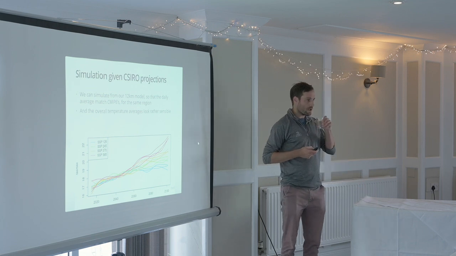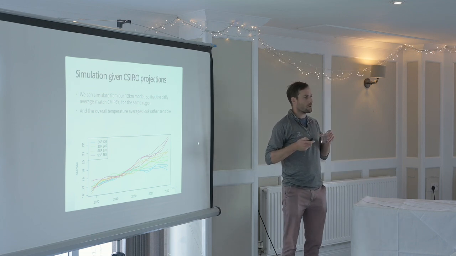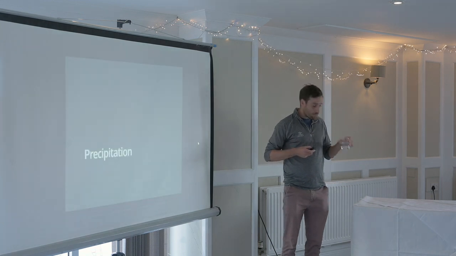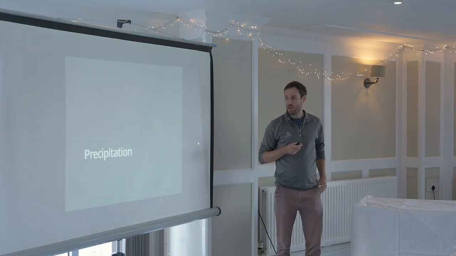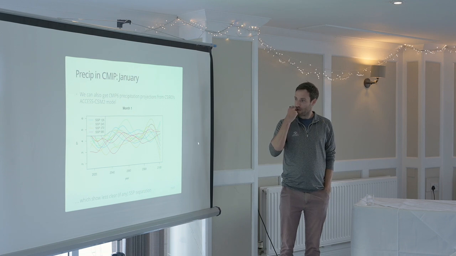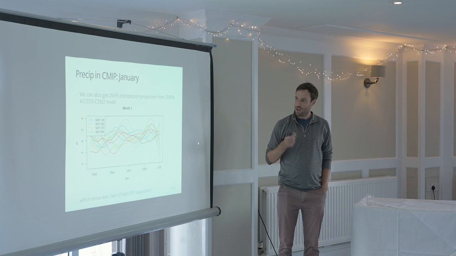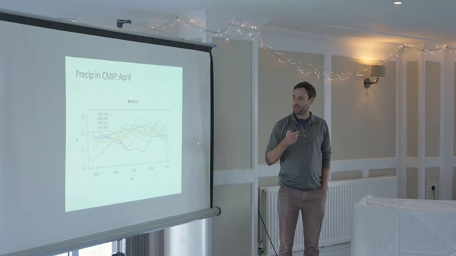Right, that's temperatures, which we can model reasonably well as being Gaussian. Precipitation, not so much. So here we have precipitation coming out of these CMIP6 averaged. This is month 1, so January.